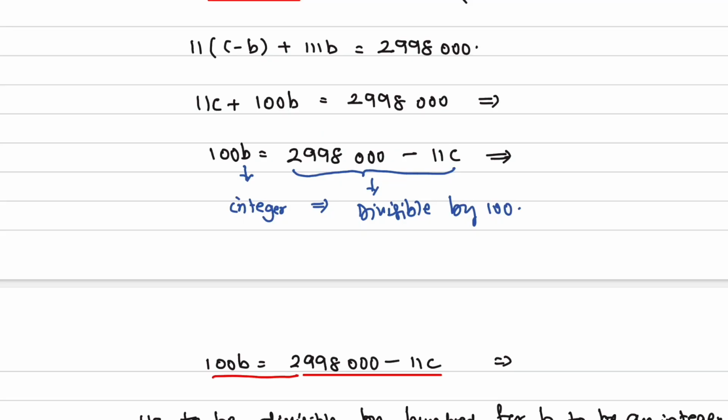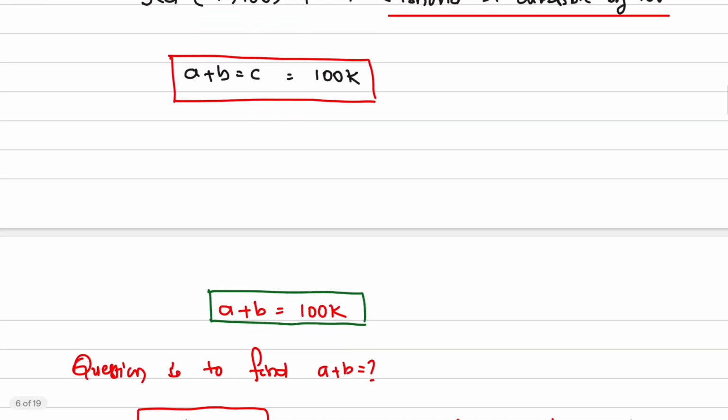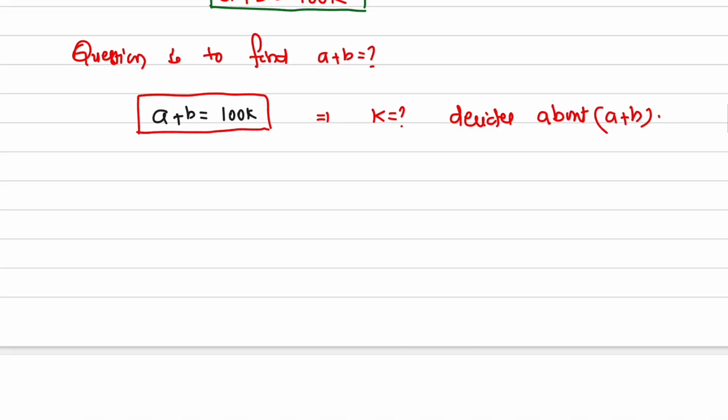Or we can even say, what is given in the equation? 11a plus 111b is equal to 2998,000. This also we have to use, this one condition.